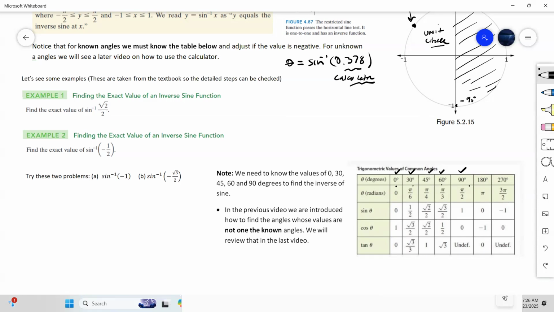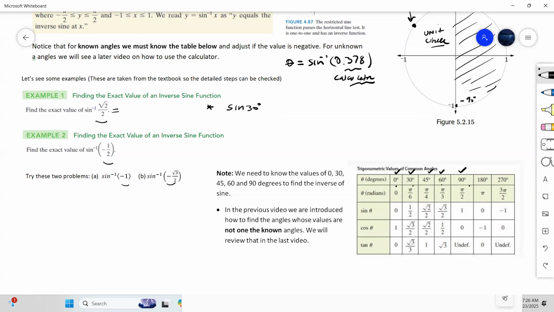Now, notice that all these values are positive, and I may be given a value here that is either positive or negative. So now, when you are given a question like this, sine of 30 degrees, this is very important that you understand the difference.